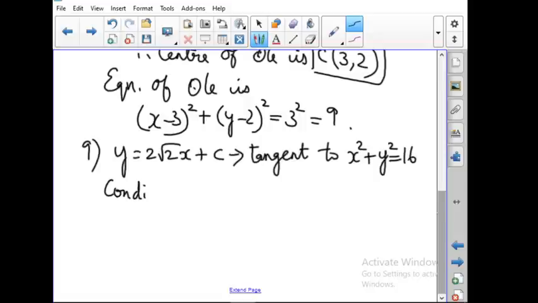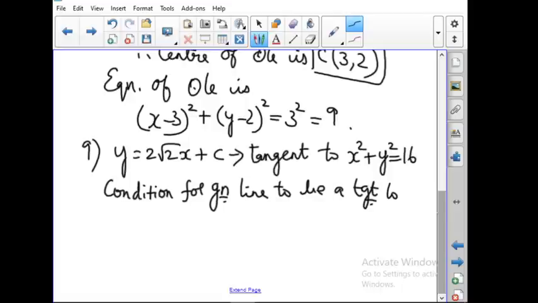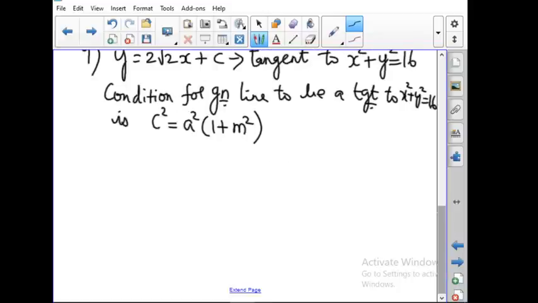The condition for the given line to be a tangent to x square plus y square equal to 16 is c square is equal to a square into (1 plus m square). So substitute in this and find the value of c.